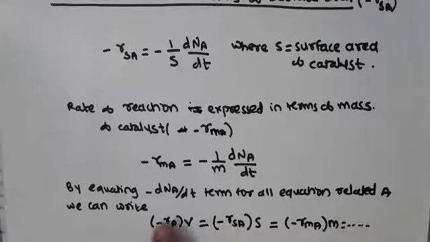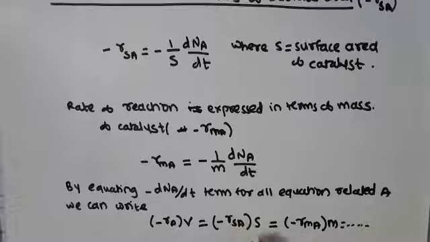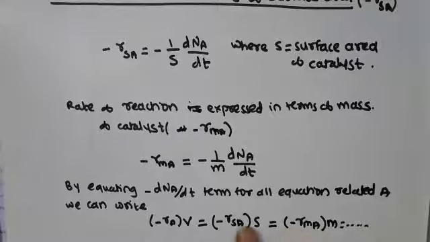That is, you may express this rate in terms of rate of reaction in terms of surface area. If you know the rate of reaction in terms of surface area and mass, you may convert the rate of disappearance of A in terms of mass of catalyst as well.